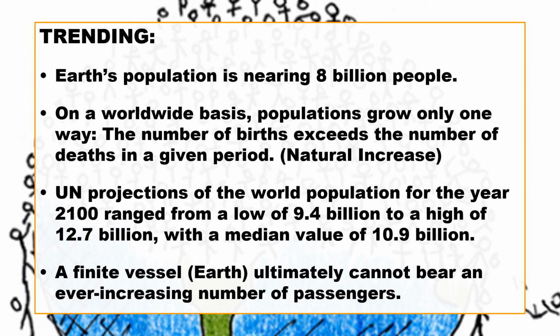So for individual countries, the natural increase might be insignificant to the number of people that are coming in or the number of people leaving. Sometimes when there's a refugee crisis, you have an emigration rate that can be quite high. All right, but on a worldwide basis, it's the rate of natural increase. That's an important number to know about.